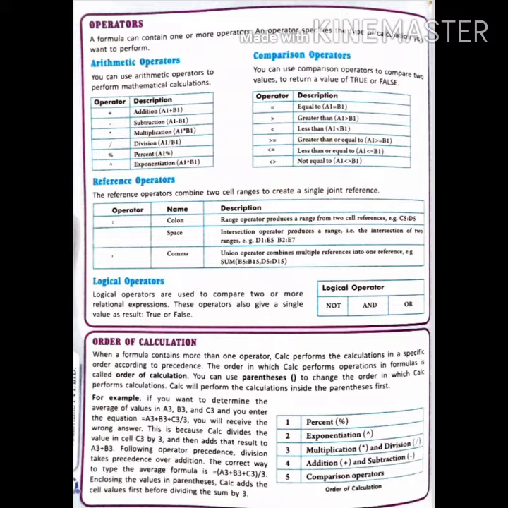Operators. A formula can contain one or more operators. An operator specifies the type of calculation you want to perform. Arithmetic operators. You can use arithmetic operators to perform mathematical calculations. Operator, description. Plus, addition, A1 plus B1.